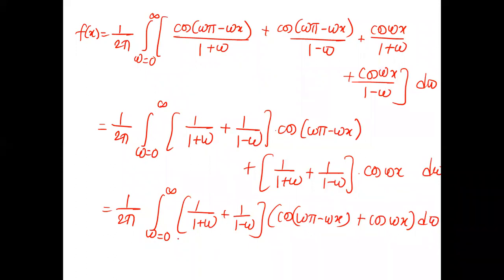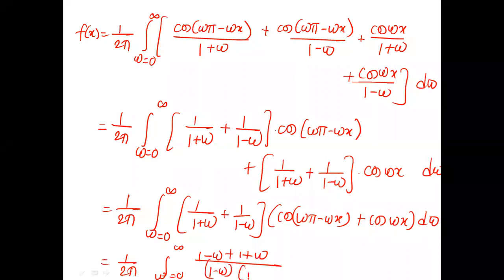Now you need to solve this. So it is 1 upon 2 pi integration 0 to infinity. Just cross multiply this. 1 minus omega plus 1 plus omega upon 1 minus omega into 1 plus omega, into this cos. This is as it is.